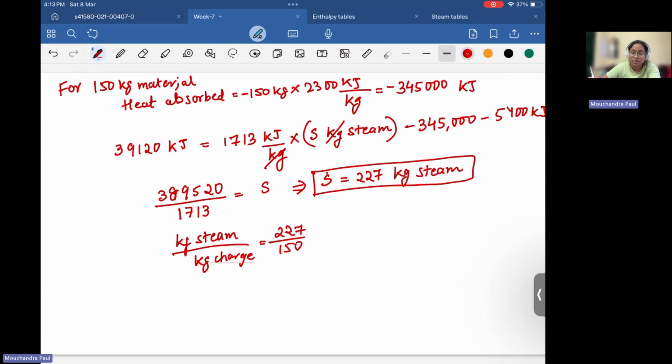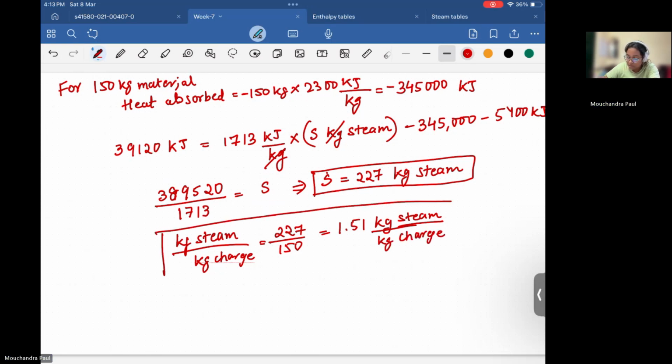So it is 1.51 kg steam per kg of charge. So there you go. This is the answer. All right.